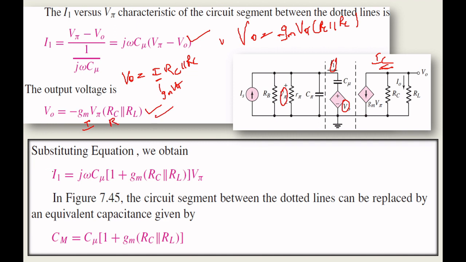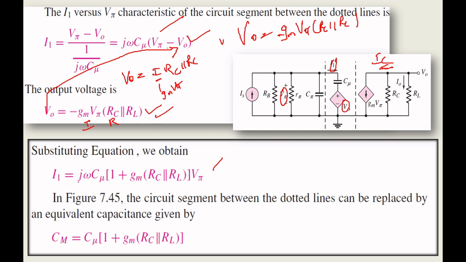Now I am going to substitute this V naught here. If you substitute minus gm V pi times RC parallel to RL, I take this V pi outside, and this minus with the other minus becomes plus.